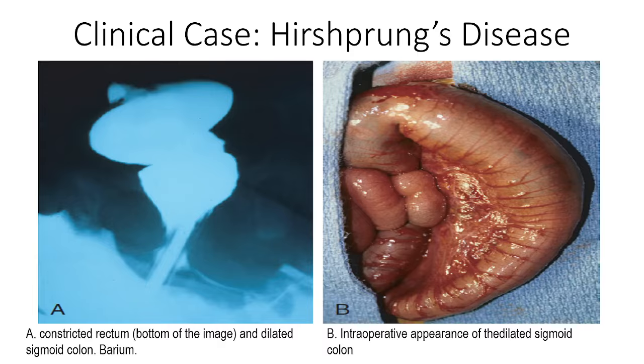So the disease is usually found out within the first 48 hours of baby's birth, because babies cannot pass meconium. So this is where the problem starts. Meconium cannot be passed because the rectum stays constricted. It cannot relax due to the absence of ganglia there.